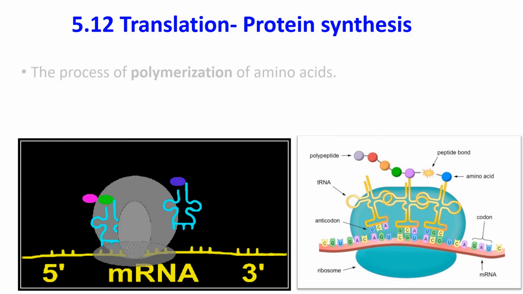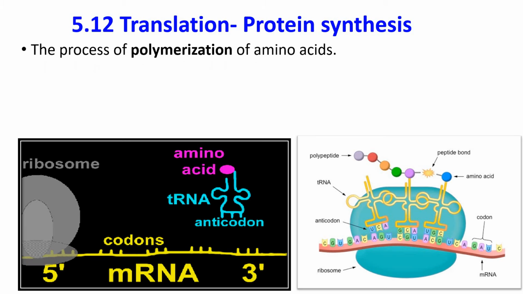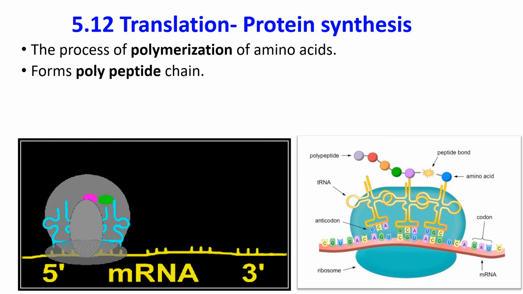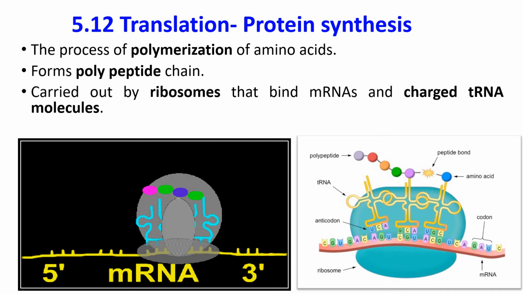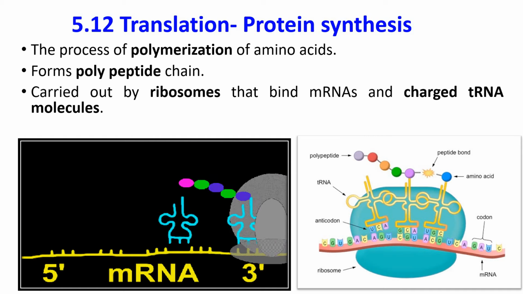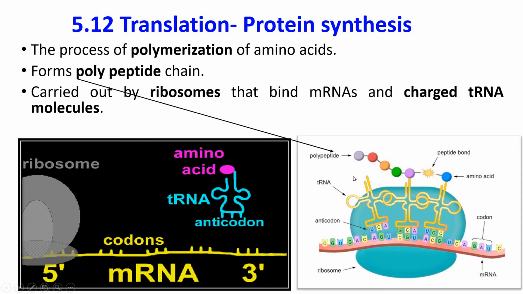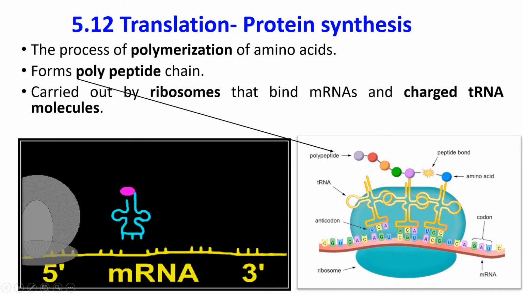That means protein synthesis. It is a process of polymerization of amino acids. It forms a polypeptide chain. It is carried out by ribosomes that bind mRNAs and charged tRNAs. See here in the picture, you can easily find out what process is going on.